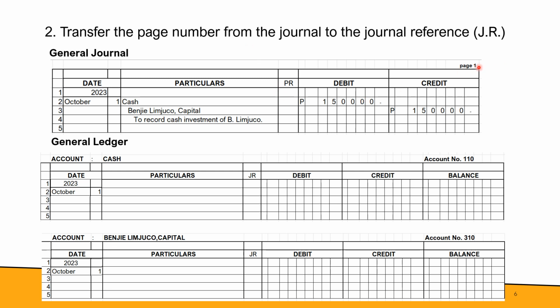Since this is page 1, under the JR we will write J-1, or GJ1. Same with our Benji Limhoco Capital, we also write J-1 or GJ1.